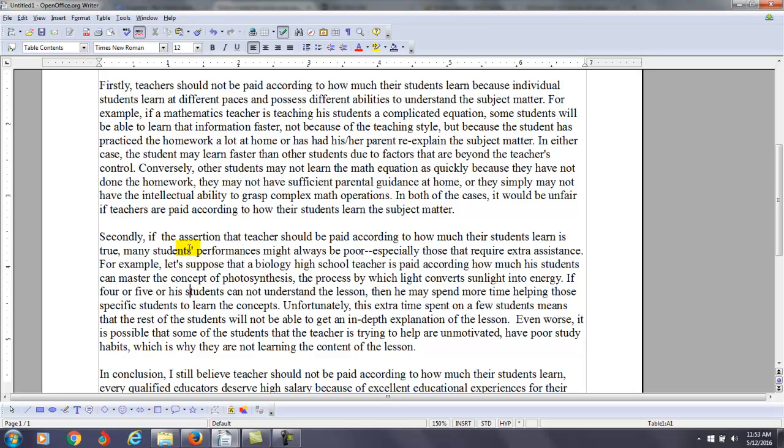If 4 or 5 of his students cannot understand the lesson, then he may spend more time helping those specific students to learn the concepts. Unfortunately, this extra time spent on a few students means that the rest of the class will not be able to get an in-depth explanation of the lesson. Even worse, it is possible that some of the students that the teacher is trying to help are unmotivated, have poor study habits, which is why they're not learning the content.